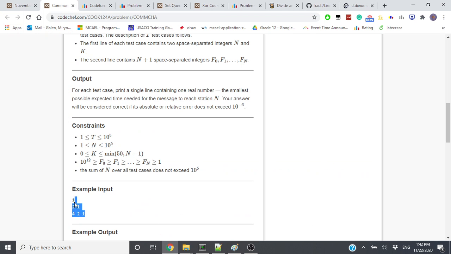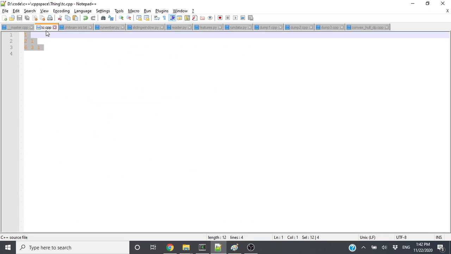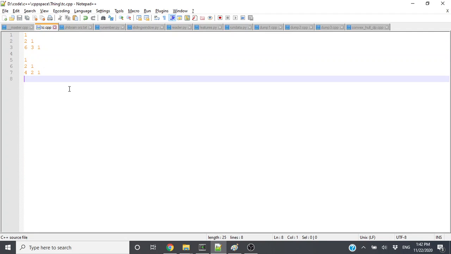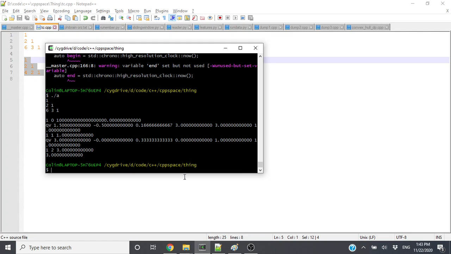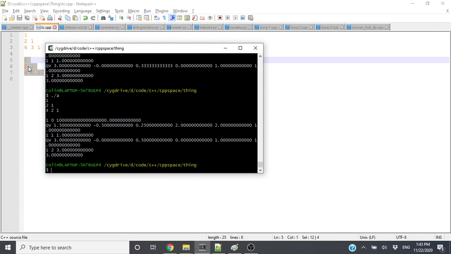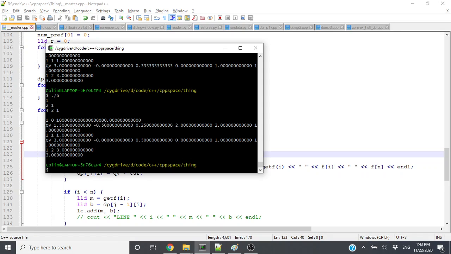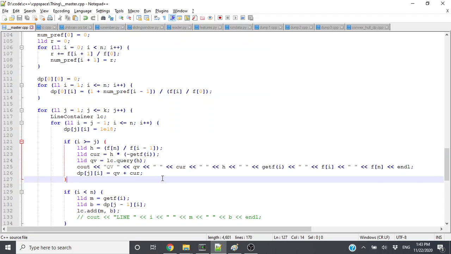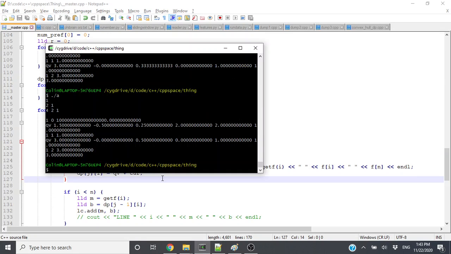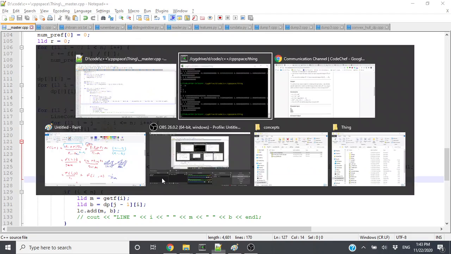And that doesn't work for the sample again, so we'll use that. I'm not sure if I'm going to get this problem. God, it's so annoying. So we get 3 here too. What the hell? So QB is 1.5. Negative 0.5.